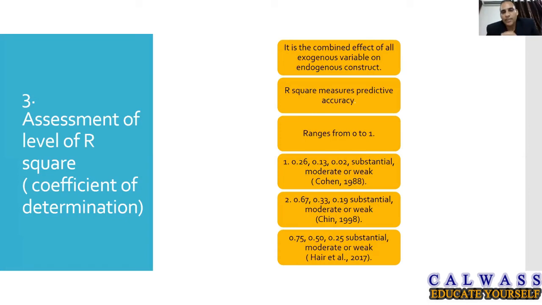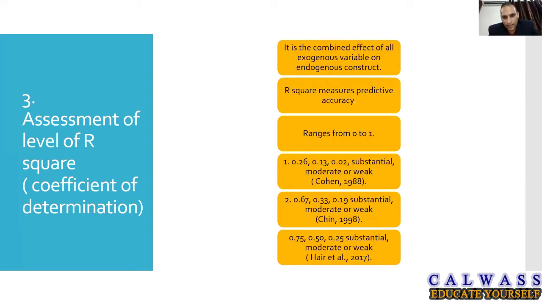We have different literature, such as Cohen 1988 and Hair et al. 2017. There are different cutoffs that explain whether your IVs have a moderate explanation or a weak one. Different literature is available and you can quote it; the latest is Hair et al.